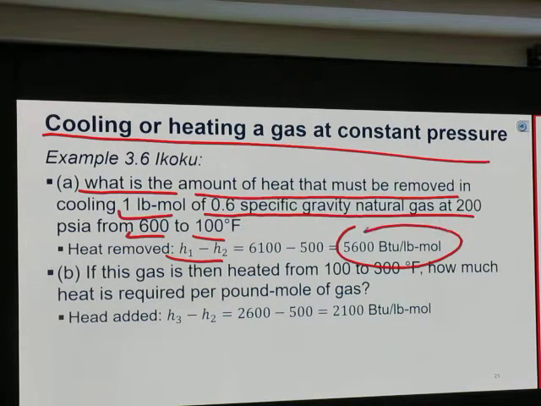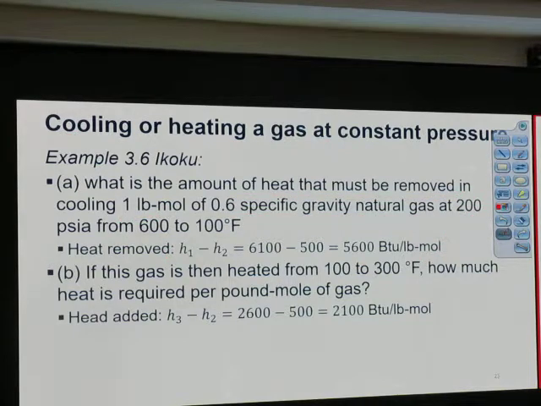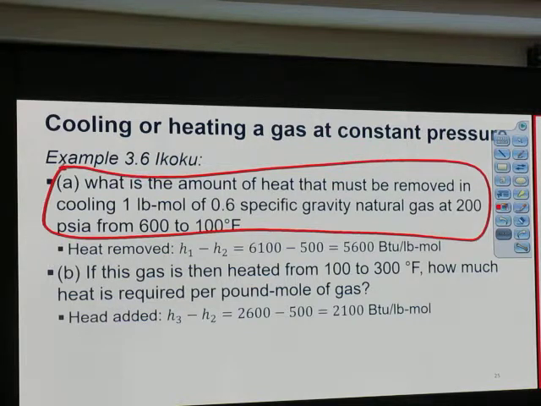Why do we have to do this? What is that for? Why do we need to know the amount of heat? When do we cool it down at constant pressure? Does it happen in the interstage cooler? Yes. Question A is related to the design of the heat exchanger in the back, or the aerial cooler, or the radiator in the back.